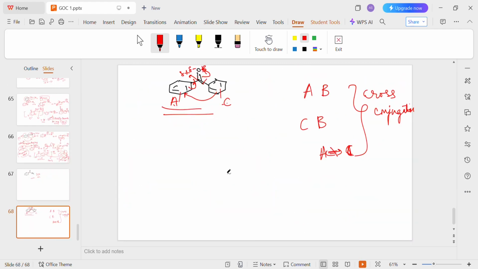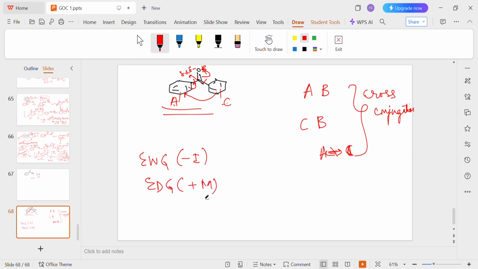Now I told you there are some groups which are electron withdrawing in inductive effect, they show a -I effect, but they are electron donating and show a +M effect in resonance.